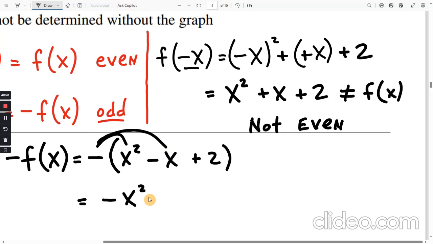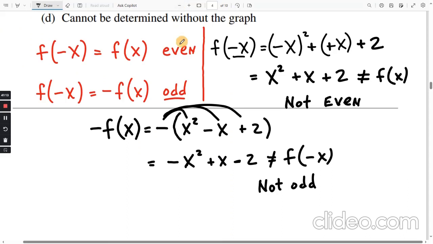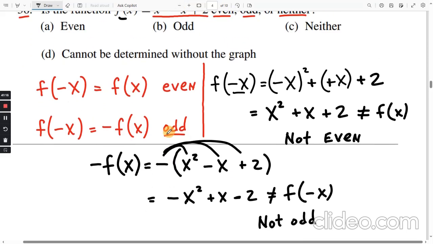Negative times negative is positive, so negative of negative x is positive x. And negative positive 2. Now, does this equal what we got for f of negative x? I can see this right here does not equal that right there. Those are not equal either, so it's not odd. If it's not even and it's not odd, that means it's going to be neither.